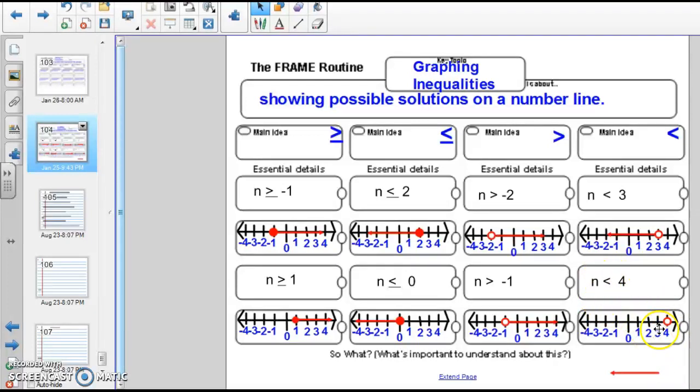Okay, now to show numbers less than 4, of course, our arrow is going to point to the left. So this graph shows numbers, not including 4, but any number less than 4. Well, if this is 3, then 3.5 would be in the middle. 3 3/4 would be very, very close to 4. So that is the reason that we put our circle on 4.